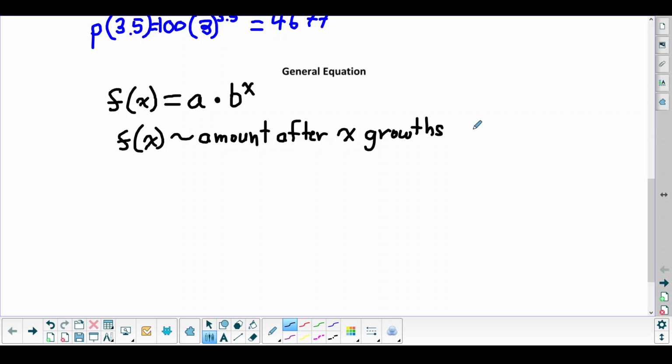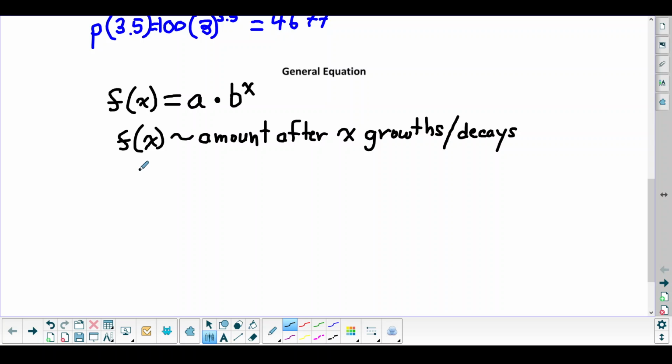So it's the amount after x growths. And today all we're going to talk about is growths, but I'm going to write slash decays. And decays is something we'll talk about another day.